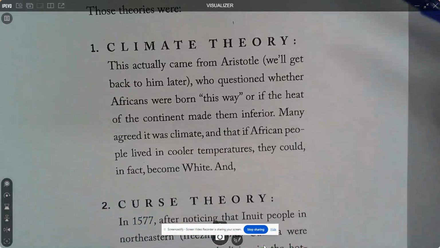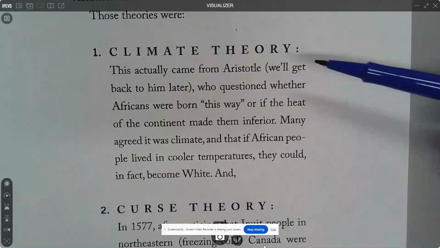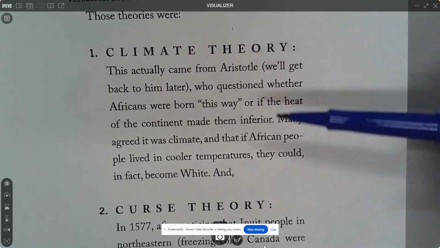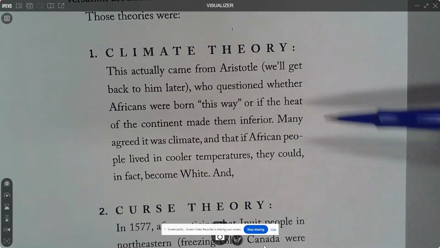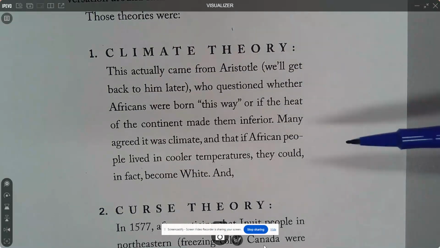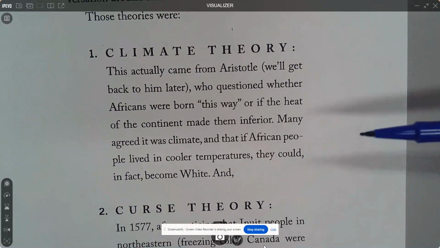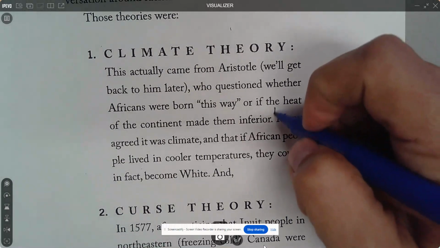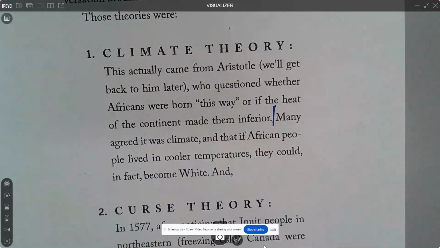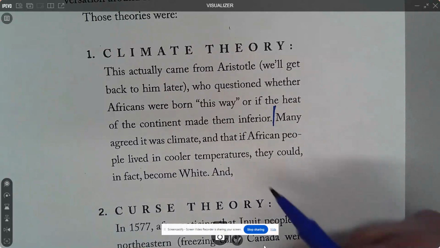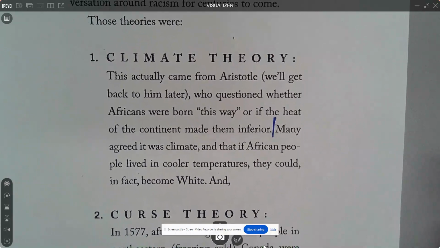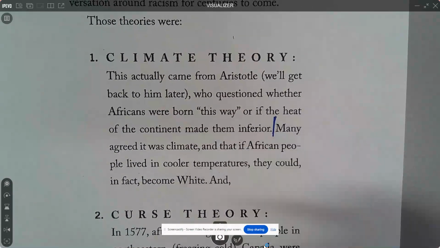It looks like this is really just the definition of climate theory, but it has kind of two parts. One about the heat and what it did to them, and then another idea about what would happen if they lived in cooler temperatures.